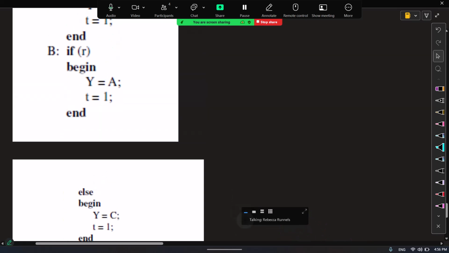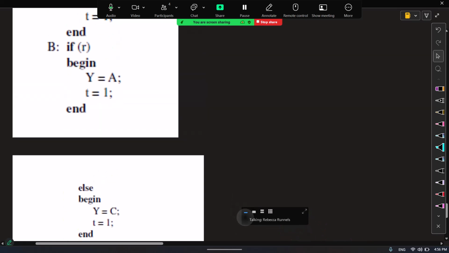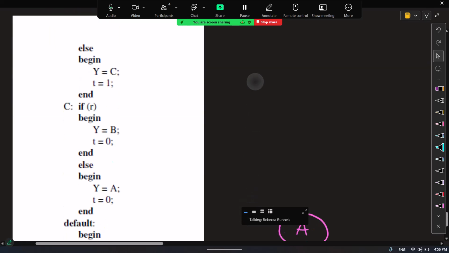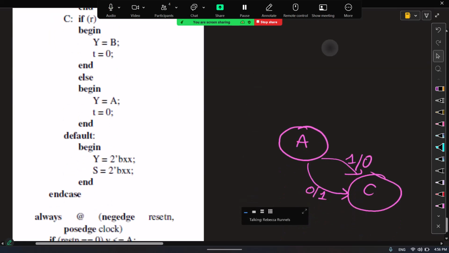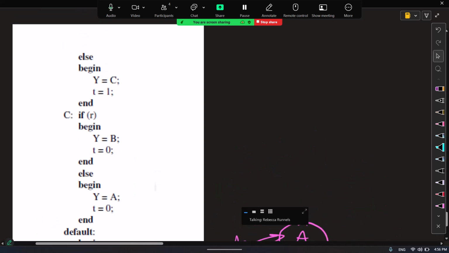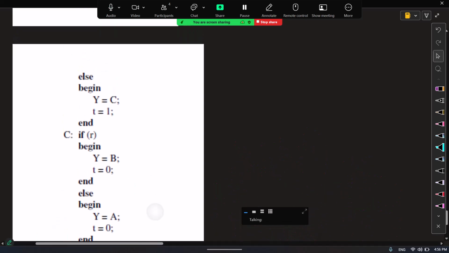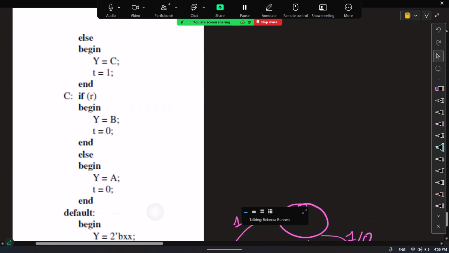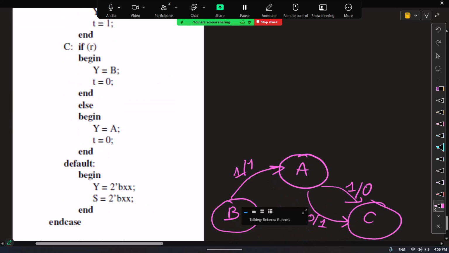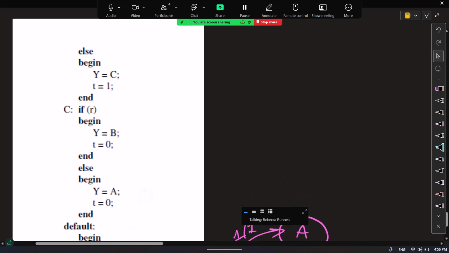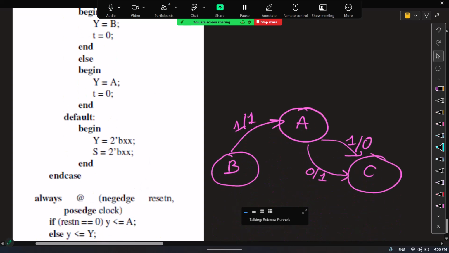All right, and now B. If I start in B, if R, Y is A, and T equals 1. Okay, so 1. And else Y is C and T is 1.